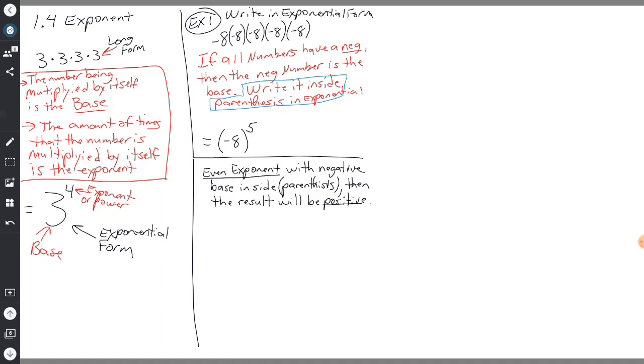An even exponent with a negative base inside of parentheses, you're going to get a positive result.